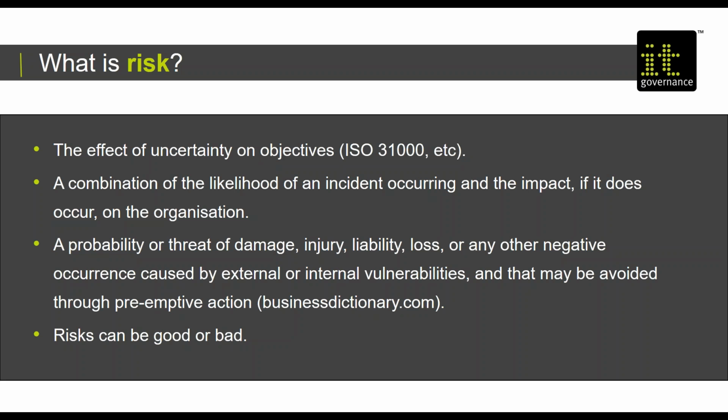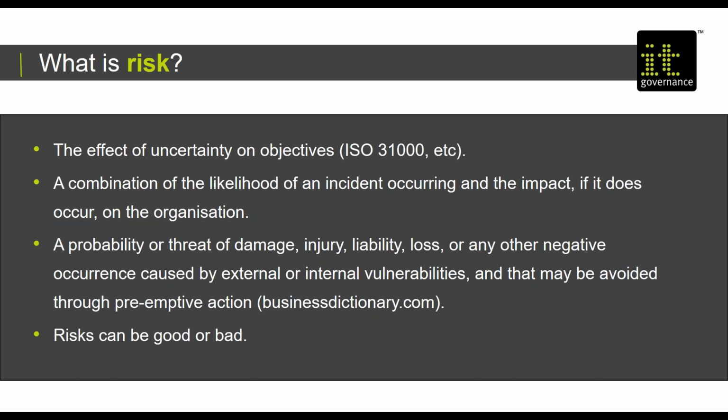ISO 31000 is an international standard to which many organizations turn in looking for data about risk and risk management. And ISO 31000 defines risk as being the effect of uncertainty on objectives. Risk is the stuff you've got no idea how it's going to work, but it's going to get in the way of achieving the objectives you set.